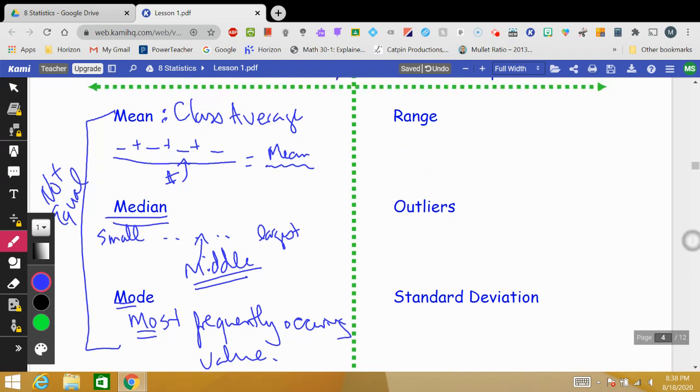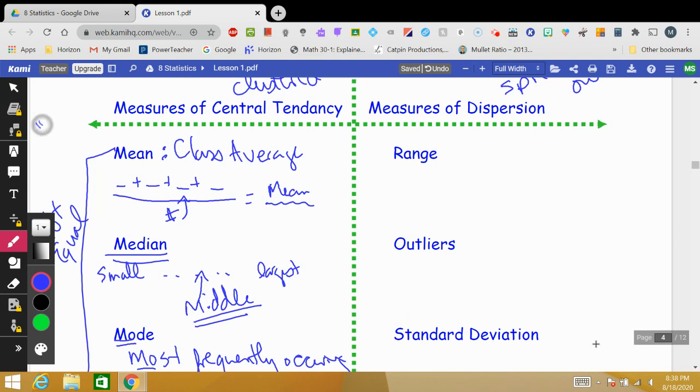Here's the problem with statistics. All three of these are often referred to as averages. Usually when I hear the word average, I'm assuming it's the mean that they're referring to. But on social media and in news networks and with all this data that's come out with COVID and transmission rates and all that stuff, you don't actually know which one they're referring to, whether it be the mean, the median, or the mode.